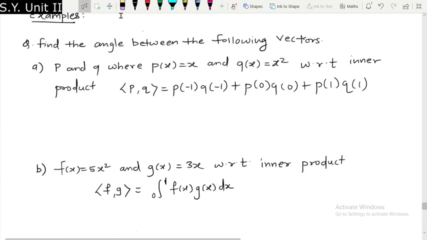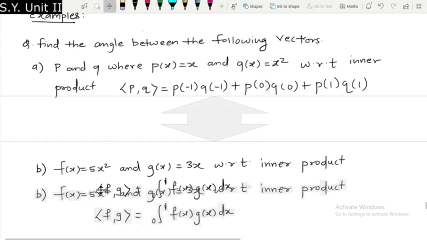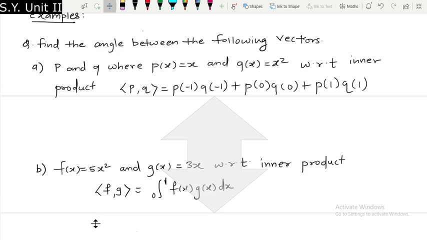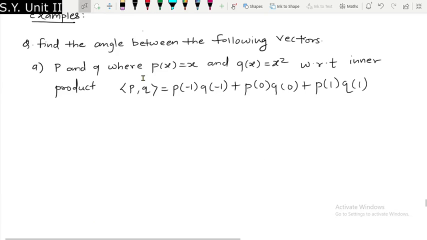Over here we have to find the angle between these vectors. The inner product is mentioned. This is the inner product in the first example, and in the second example the inner product is given by an integral. So let us do it. First of all I'll write down the formula.